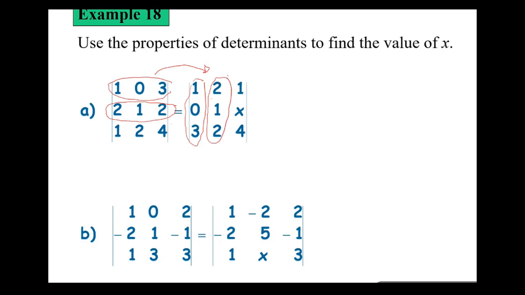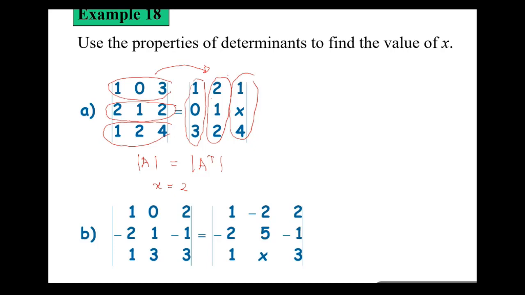So the elements in the third row must be equal to the elements in the third column here. That means the determinant of matrix A is equal to the determinant of the transpose of matrix A. That's why we can see that x is equal to 2.